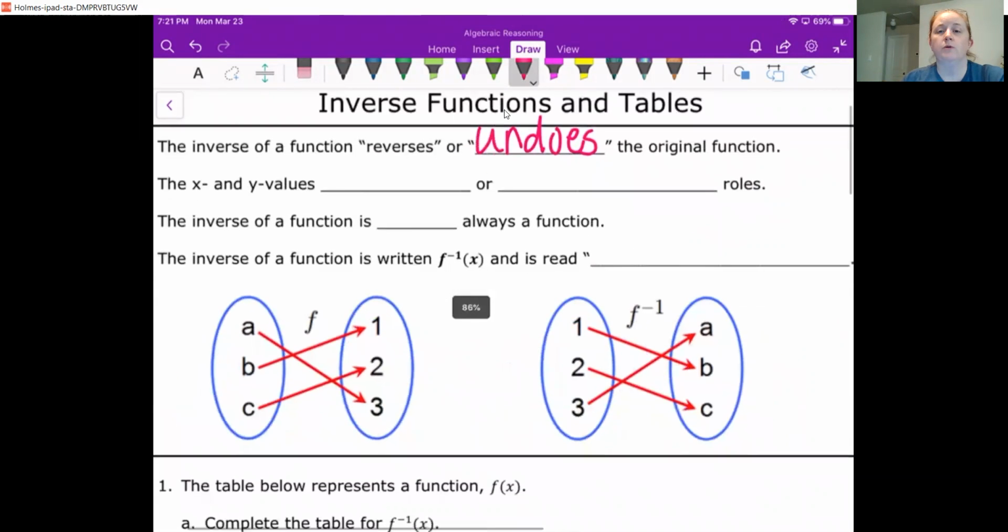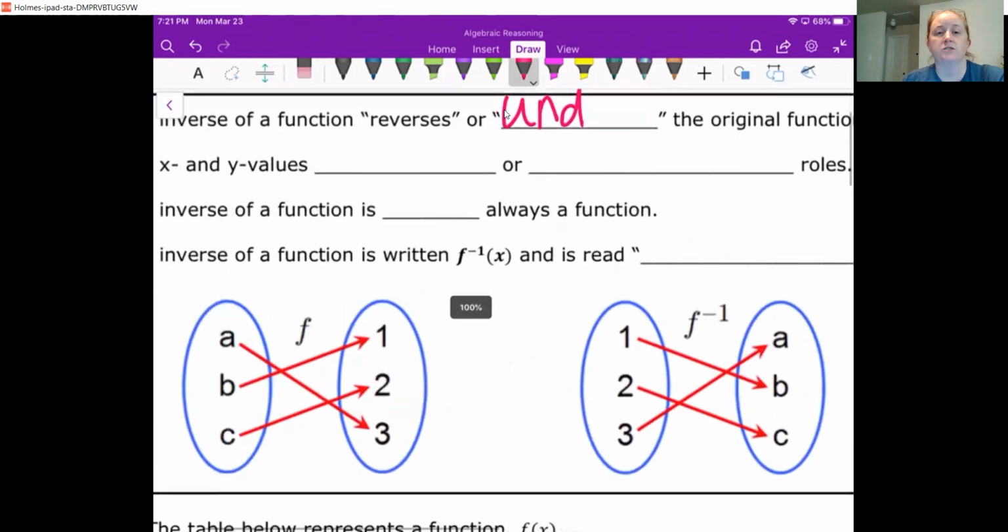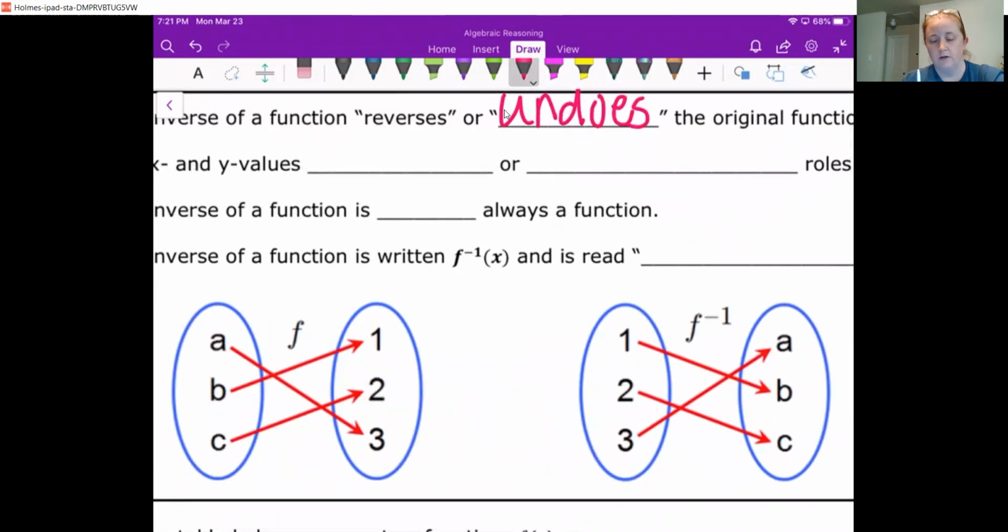So when we talk about table values, your x and your y coordinates, the x and y values are basically going to reverse roles, or in this case, switch places. They're going to switch roles. That means the x's are going to become the y's and the y's are going to become the x's to make that inverse.